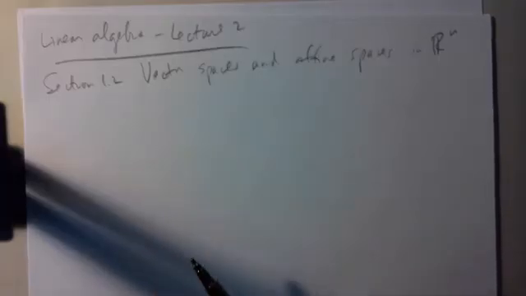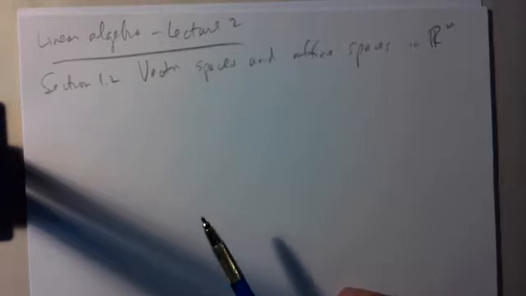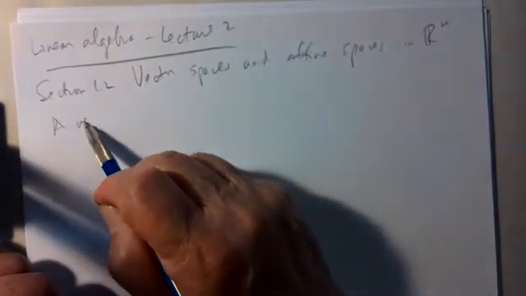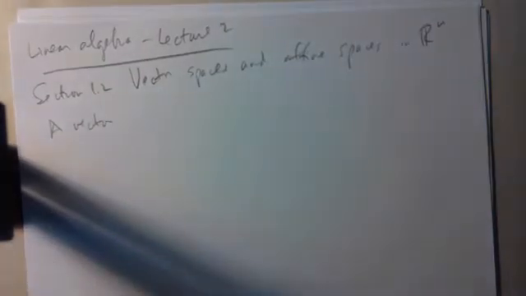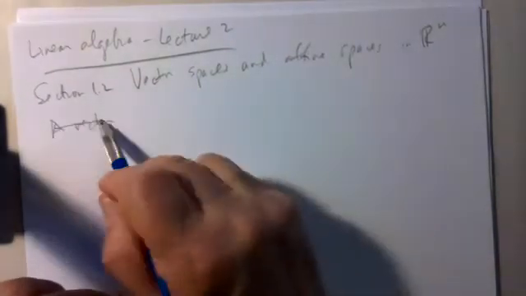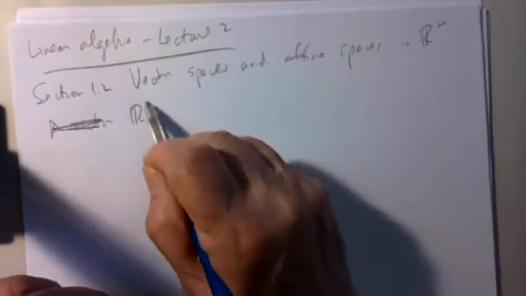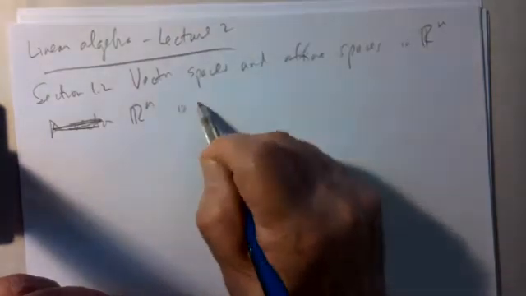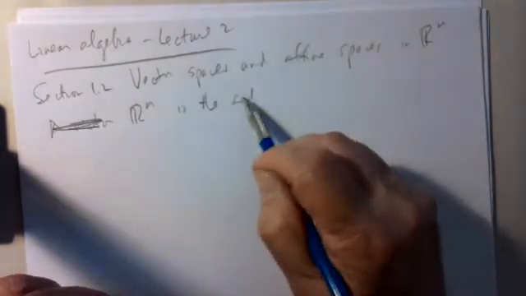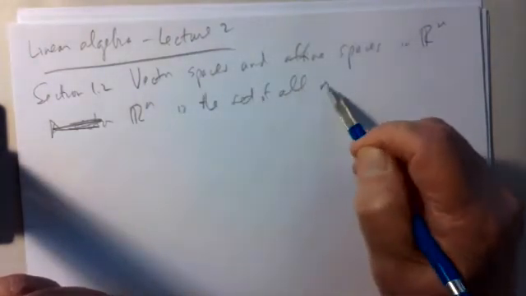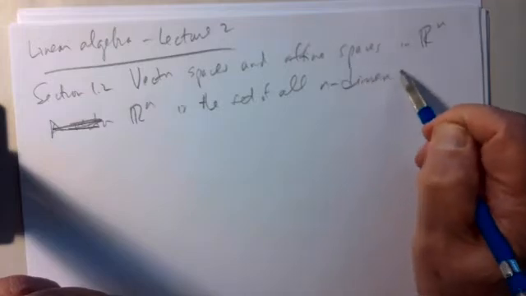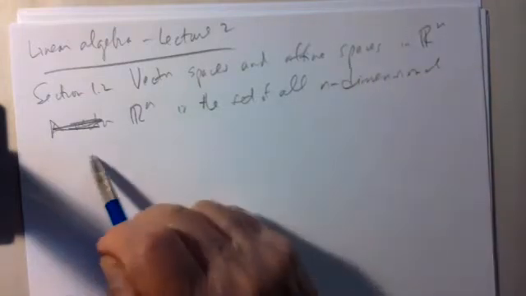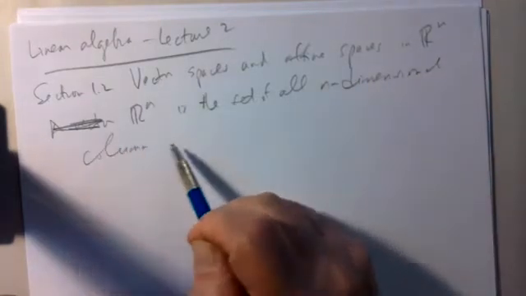So this is section 1.2 on vector spaces and affine spaces. And so, a vector, so maybe I'll start with this. Remember that Rn is the set of all n-dimensional column vectors.